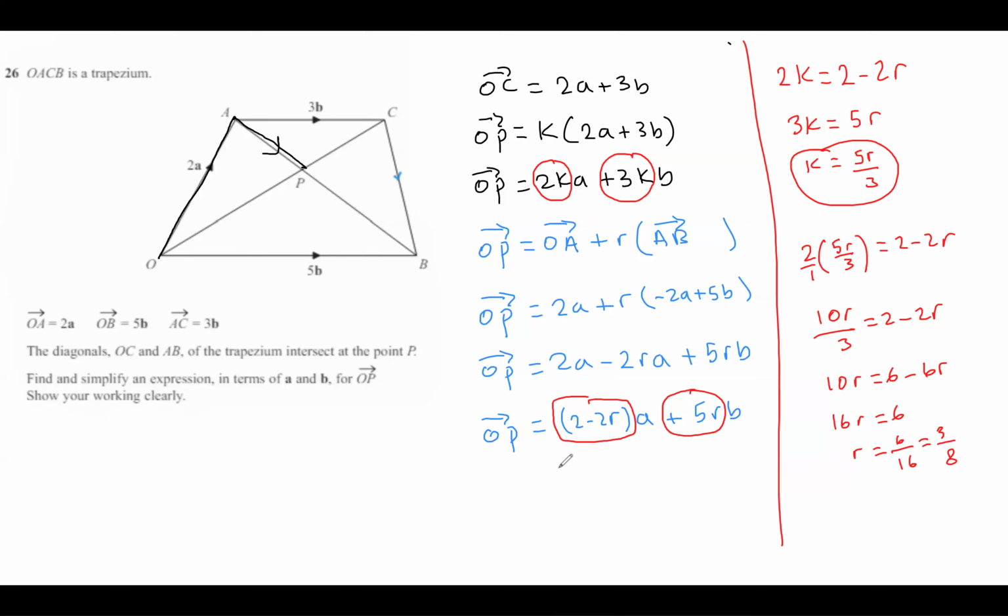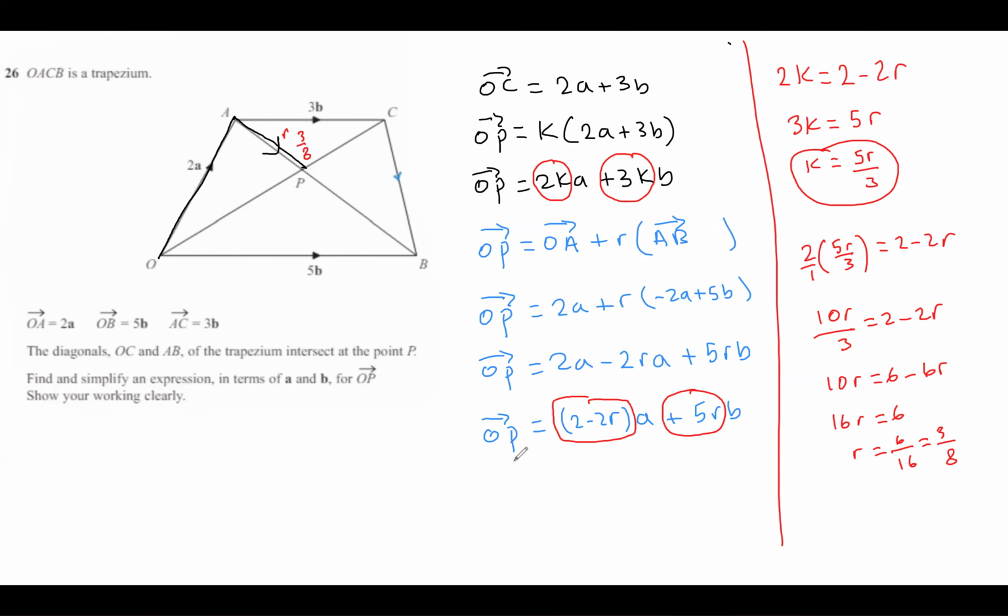So we said r is 3 over 8. Now, one thing I should have done: AB is this over here, so r would be over here. So AP is some multiple of AB, so that is going to be 3/8.